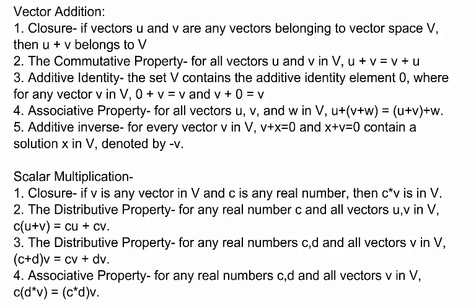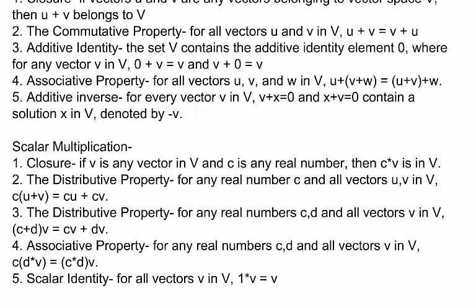The associative property, which states for any real numbers c and d and all vectors v in vector space V, c times (d times v) is equal to (c times d) times v. And finally, the scalar identity, which states for all vectors v in vector space V, 1 times v is equal to v.